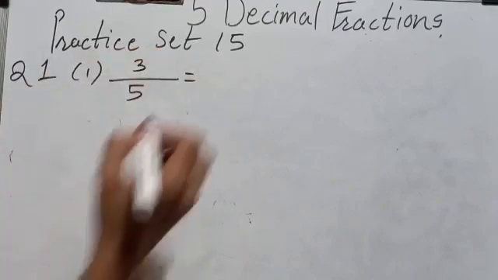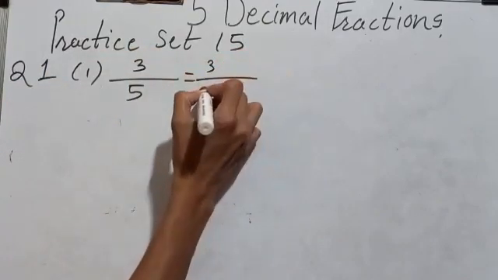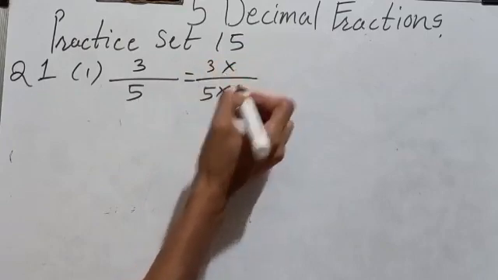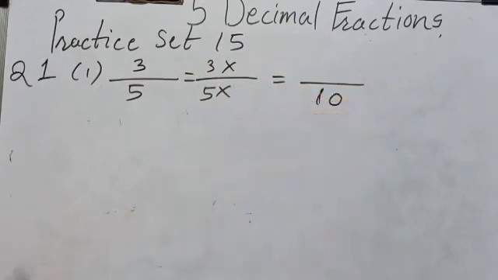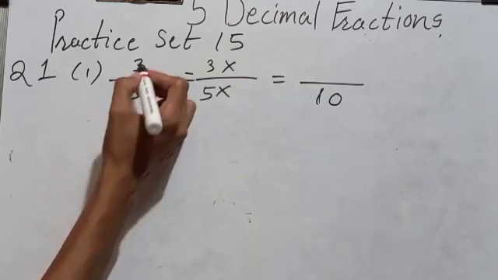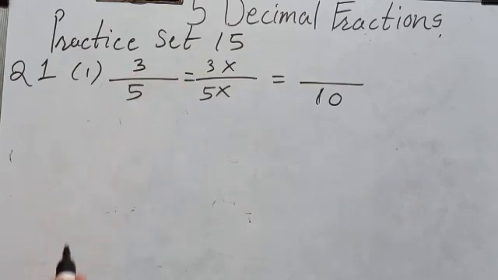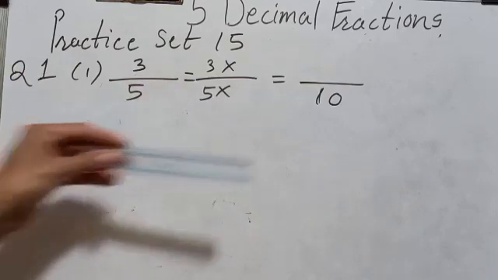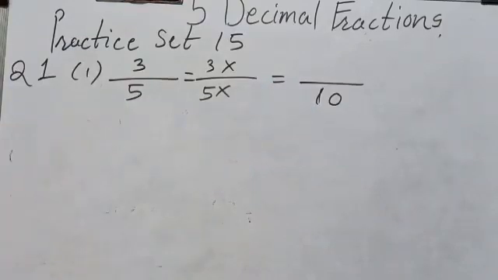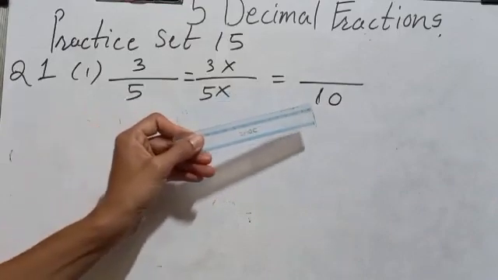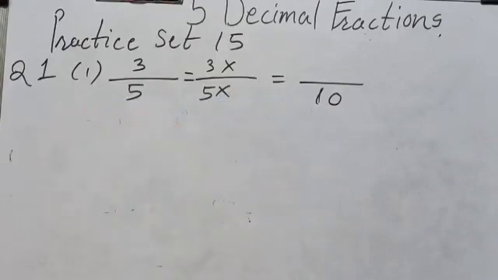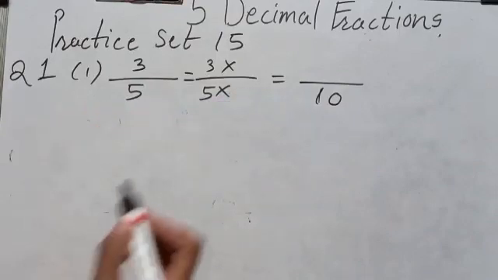Now this 5 we have to multiply by some number so that we get the denominator 10. So what do we have to do in this condition? See here, 3 upon 5. Here the denominator is 5 and now we want the denominator to be 10. So you have to say the table of 5 till 10 comes. Means what? 5 ones are 5, 5 twos are 10.